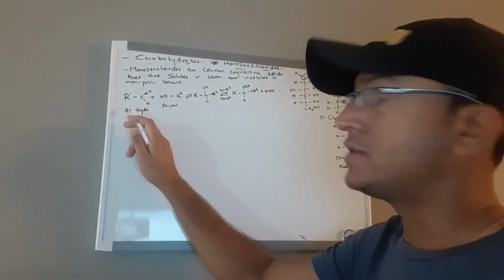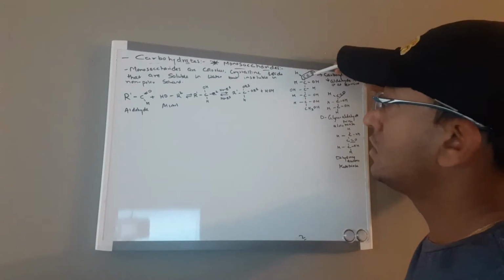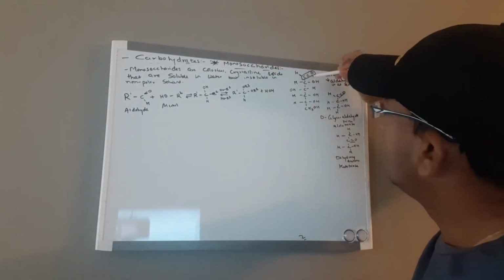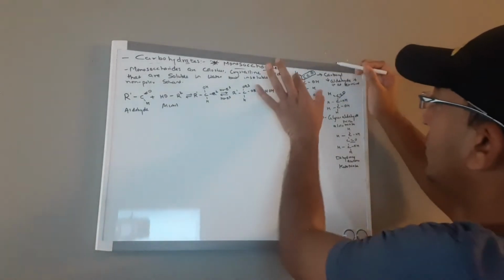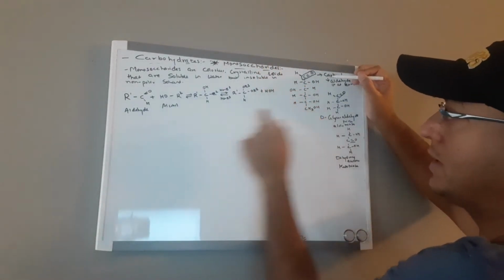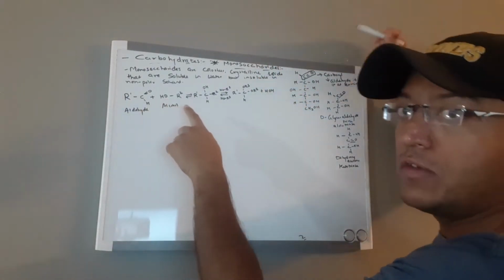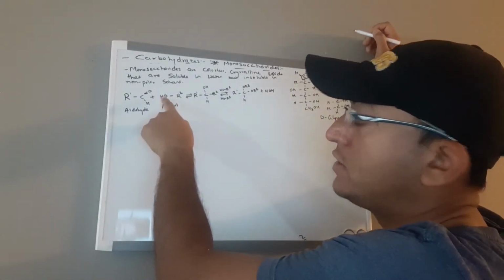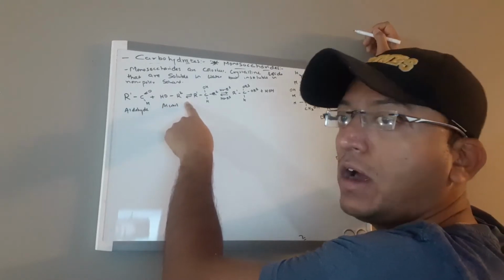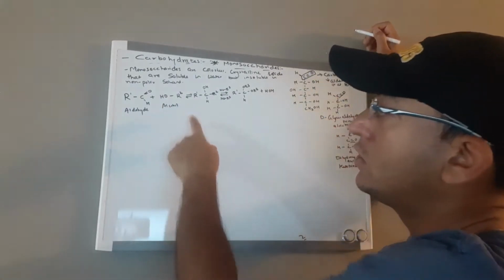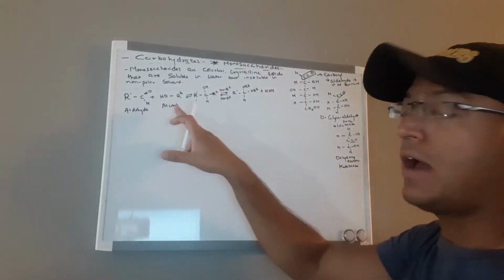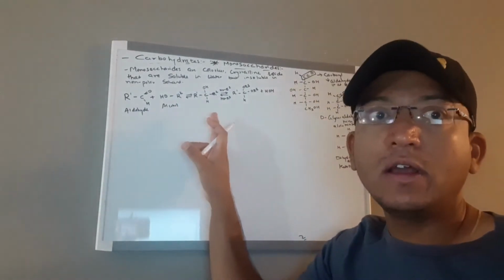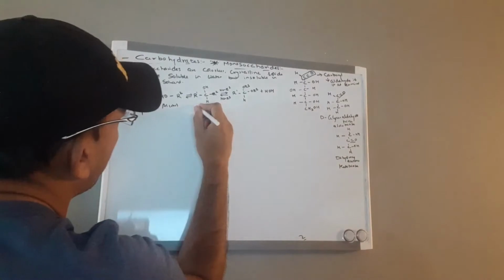The aldehyde has a double-bonded O, that's the carbonyl group, and R1 is the rest of the molecule. And the alcohol has the hydroxyl group, and then R2, correct? So this is the alcohol. When an aldehyde and an alcohol react in a 1-to-1 ratio, that will yield a hemiacetal.